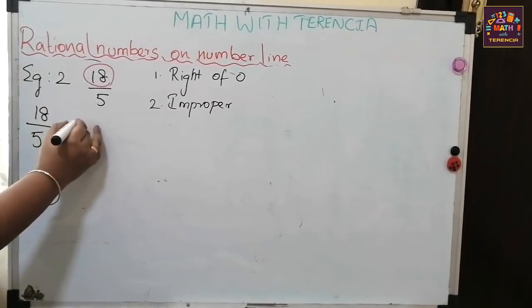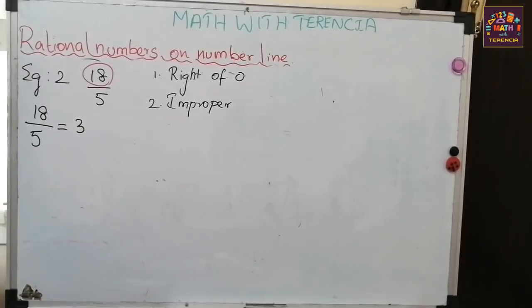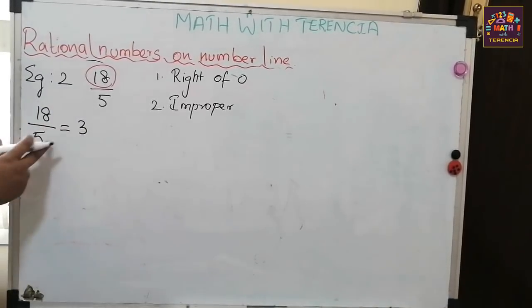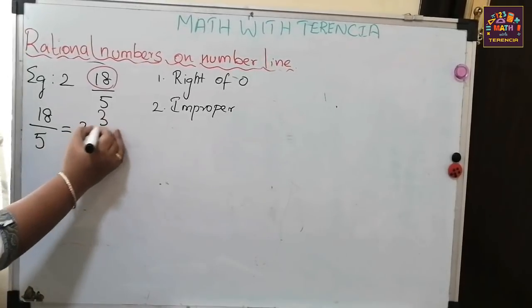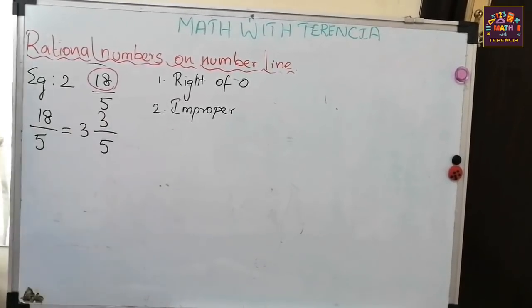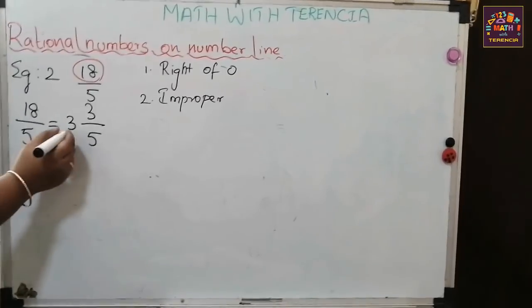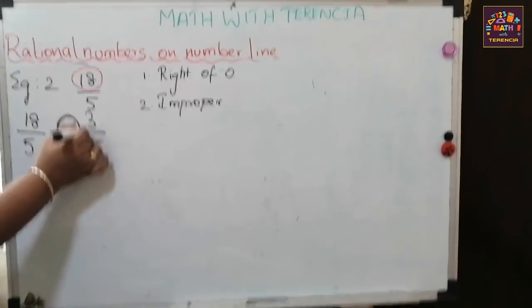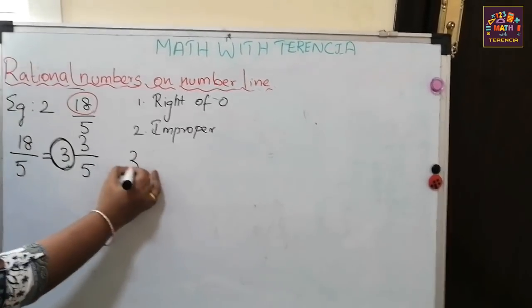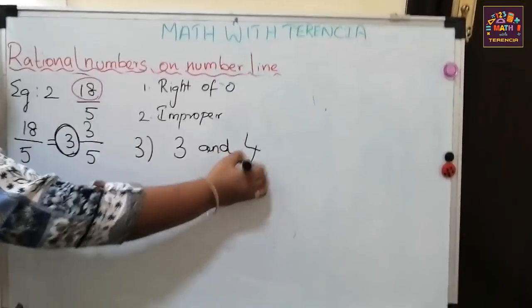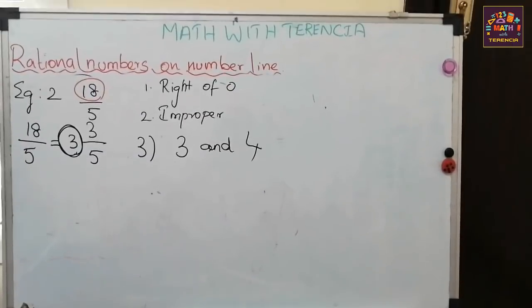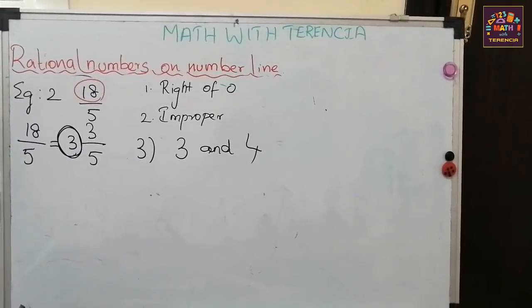So how can I change? 5 times 3, 15. So whole part, 3. 18 minus 15 is 3. So 3 by 5. So now we can easily understand the whole part is 3. So the number lies between 3 and 4. The number lies between 3 and 4.